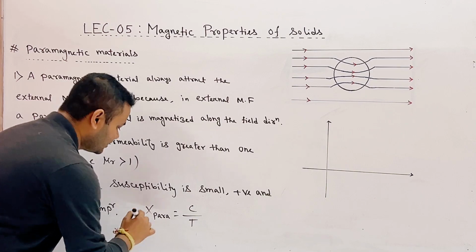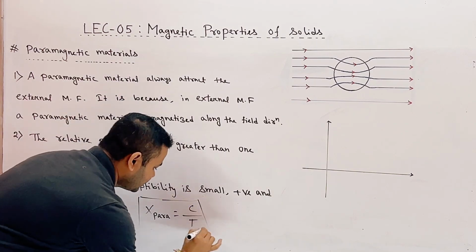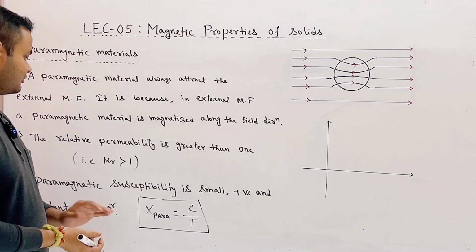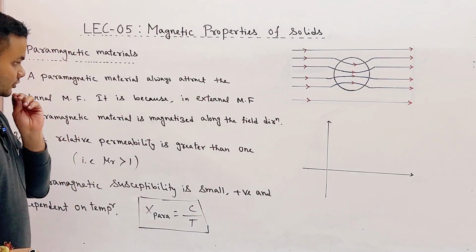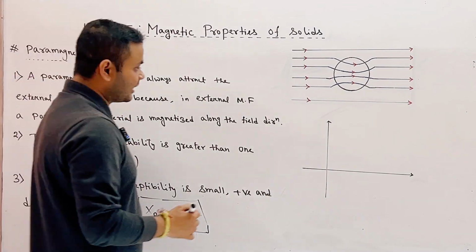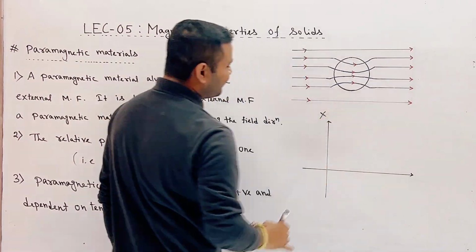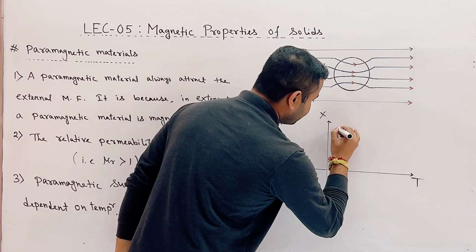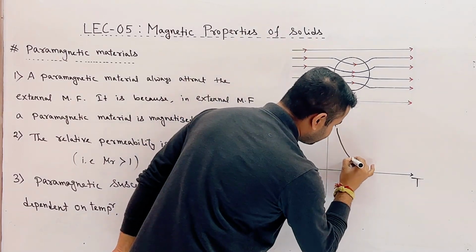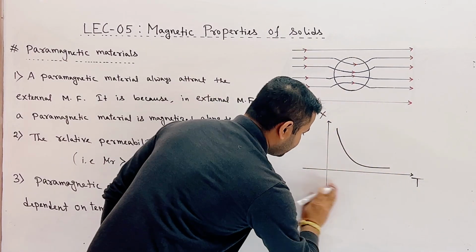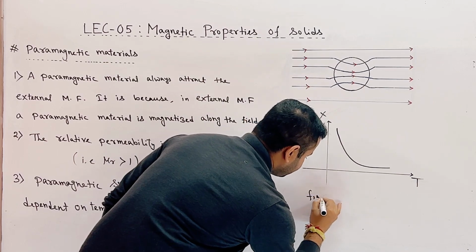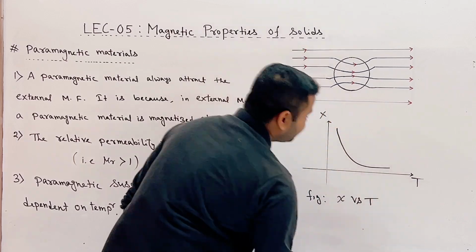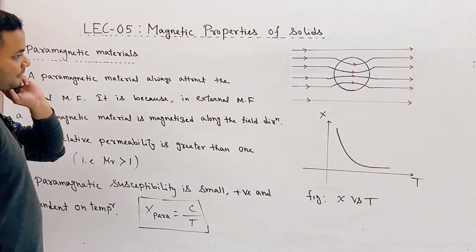This relation is known as the Curie law. In my next section, I will derive this expression. If we plot a graph between paramagnetic susceptibility and temperature, we will get a curve like this. So, this is the susceptibility versus temperature curve for a paramagnetic material.